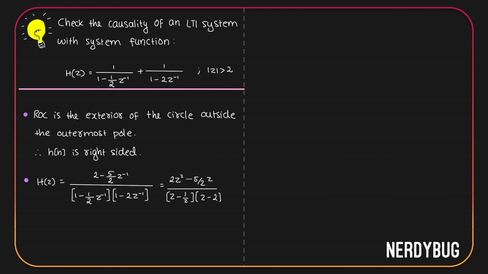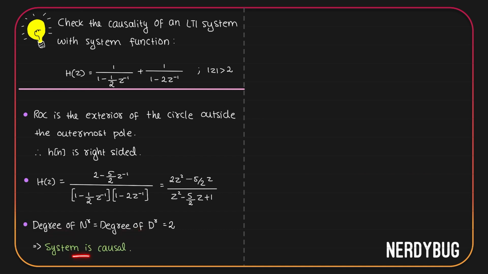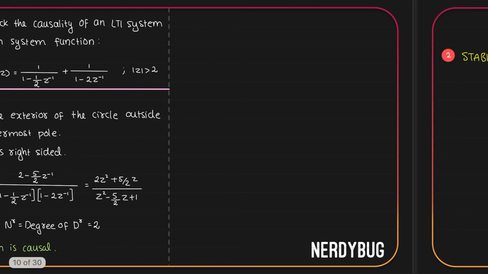Now, (z - 1/2) multiplied by (z - 2) is z^2 - 5/2 z + 1. Let us replace it. Now we can see that the degree of the numerator is 2, and the degree of the denominator is also 2. So the degrees are equal. Therefore, the system is causal.